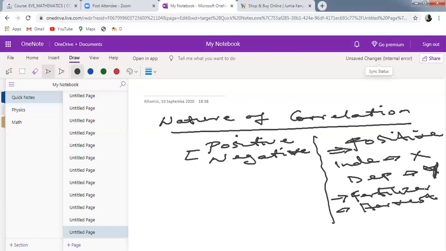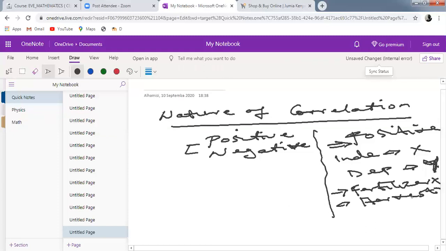So increase in fertilizer results in increase in harvest. Remember, our X here will be the fertilizer and our Y here will be the harvest or the output. So this is a very good example of positive correlation, whereby you increase X, which is the amount of fertilizer, and the harvest also increases. So they are moving in the same direction.